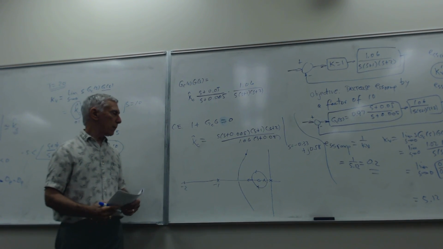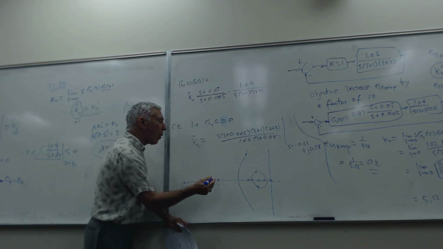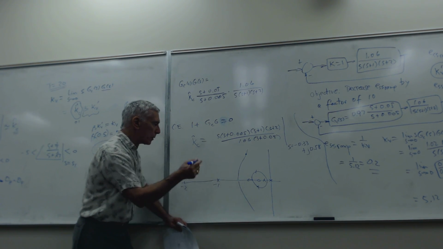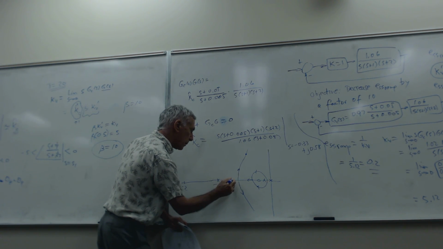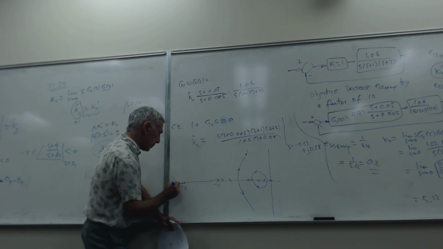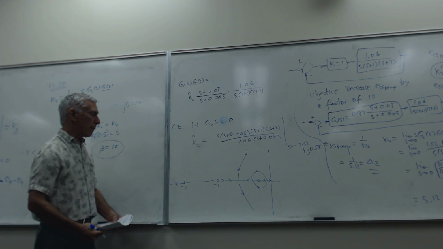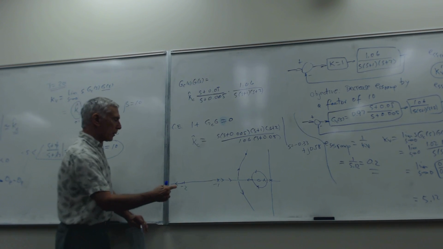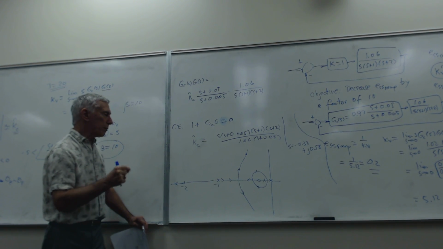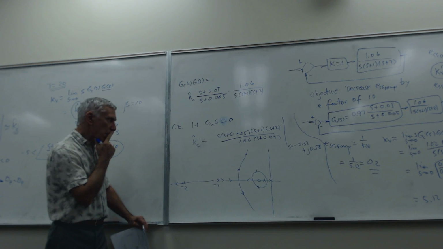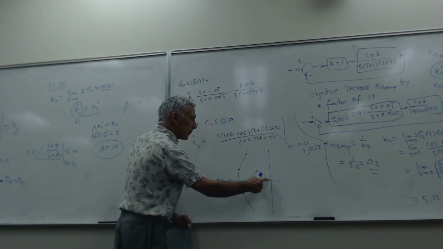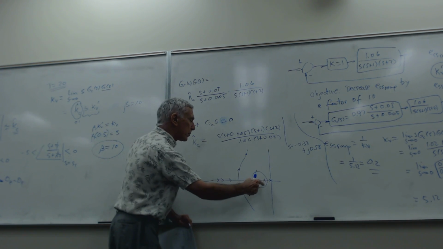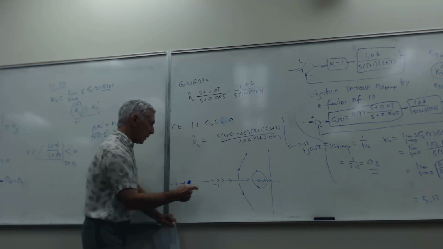And the other poles, what did we say? That it looks like this and like this. This one goes like that away from that pole, and this one like that. So there will be two closed loop poles in this region, 2 more here, and 1 out here.